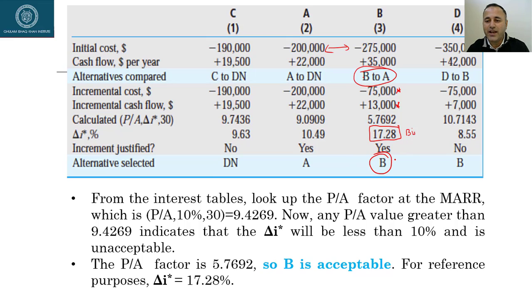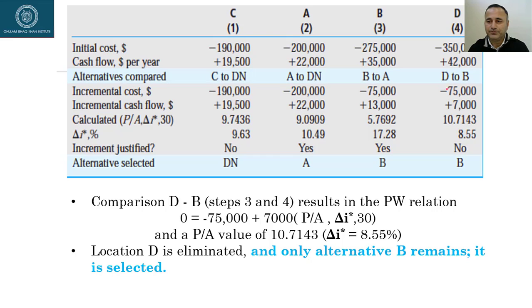My next task is to compare B with D. As you can see, my incremental cash flow, the difference between minus 350 and minus 275, is again 75, and the difference between plus 42 and 35 is $7,000.